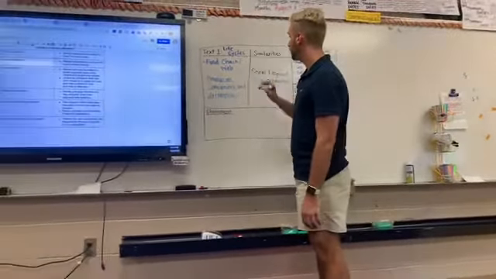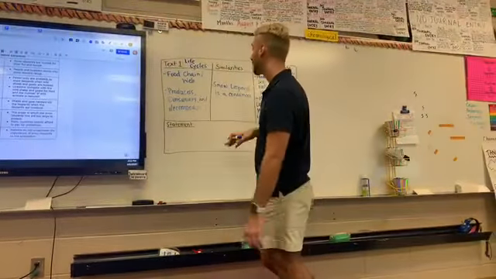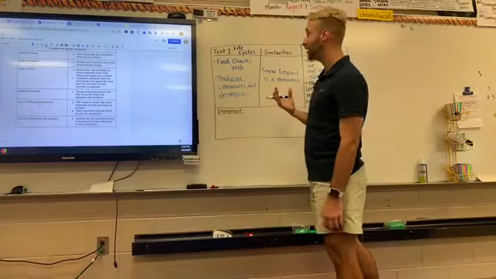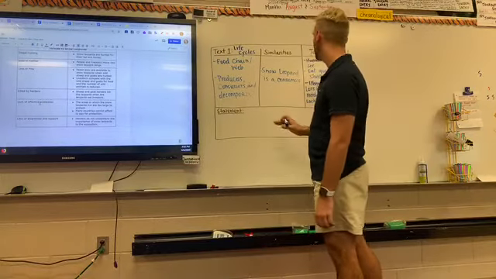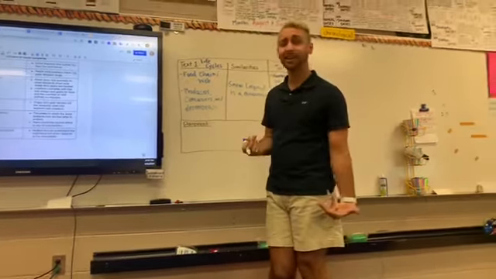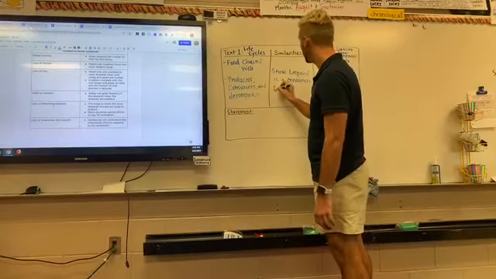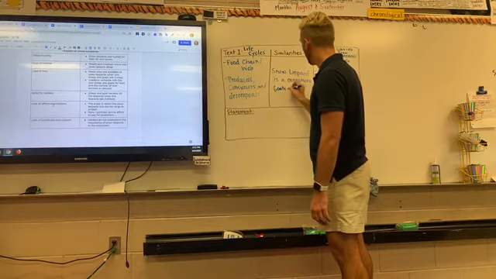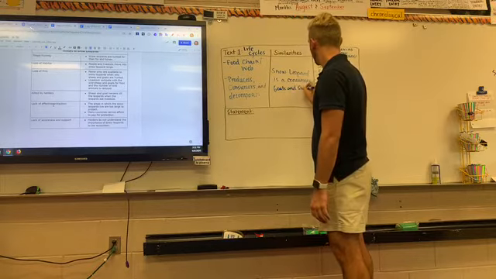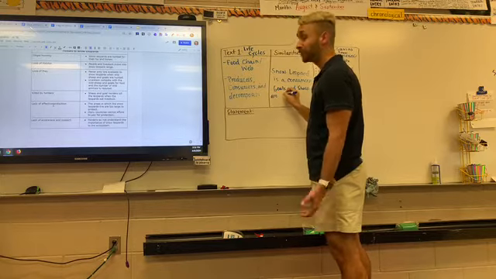So that's really the main similarity that I see, because it's about food chains and food webs. Basically that's about it. We could even say that goats and sheep, what do you think?